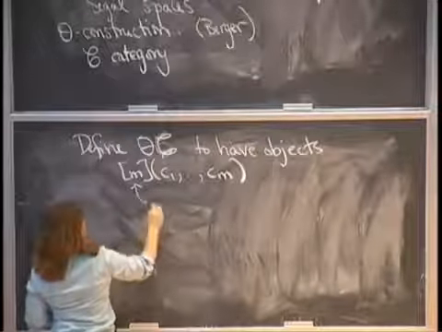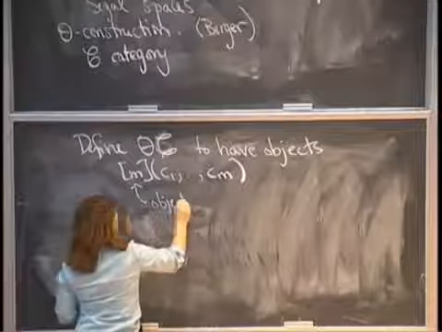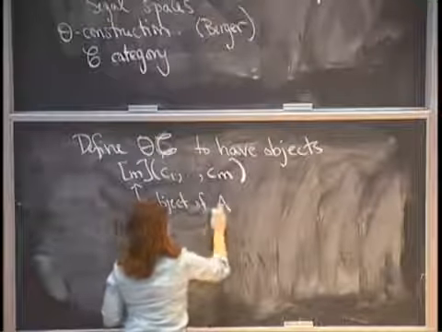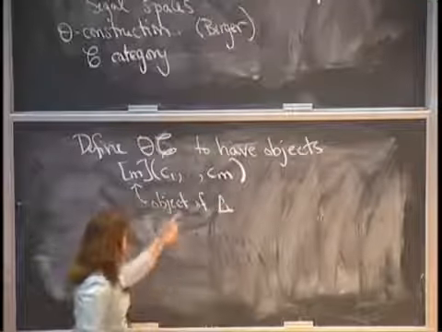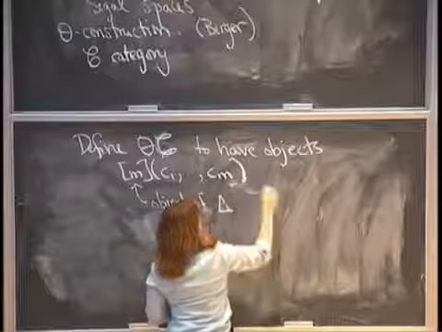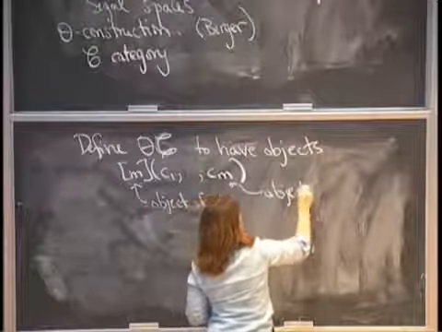So m here is an object of delta, and these Cis are all objects of the original C.